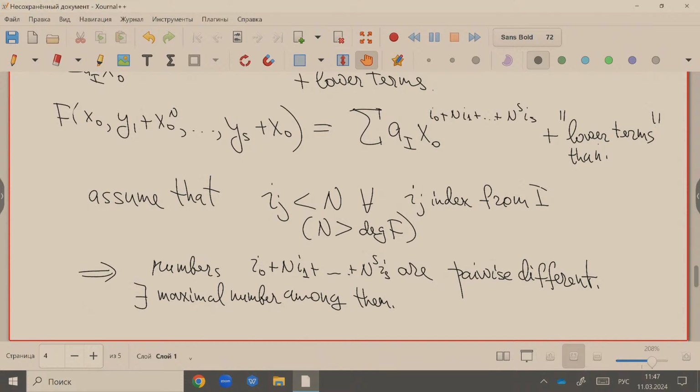So one of them will be strictly maximal, so it cannot cancel with the other.